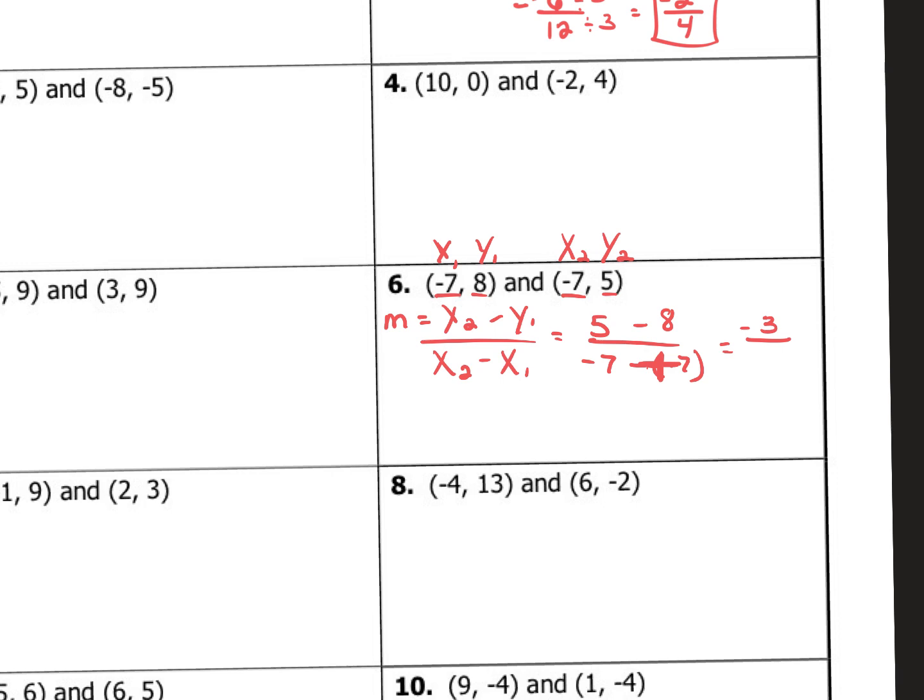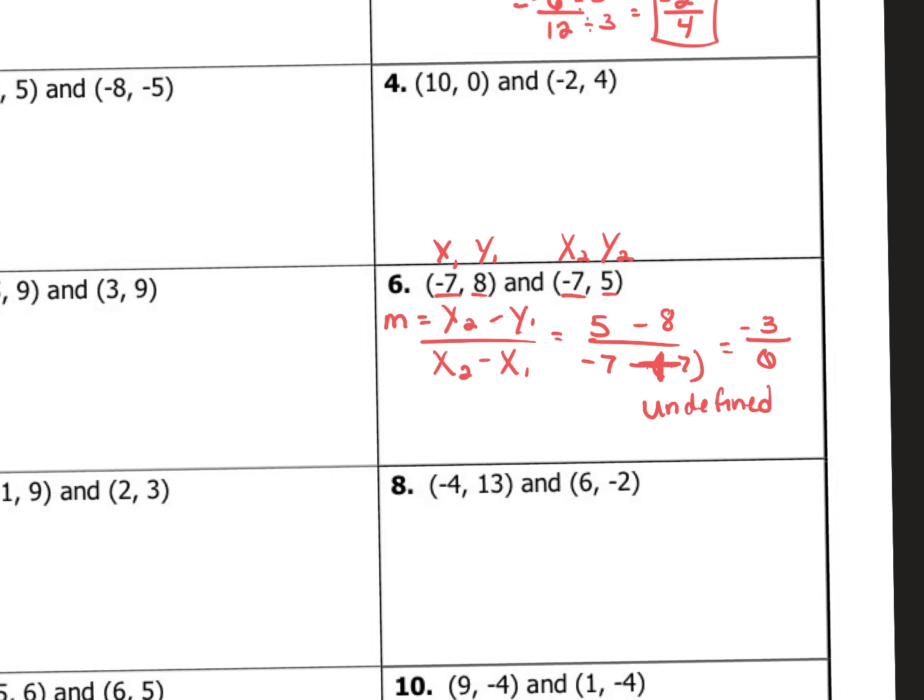And then you have negative 7 plus 7, which is 0. And so we have 0 in our denominator. So that means the slope is undefined. It means the slope is undefined.